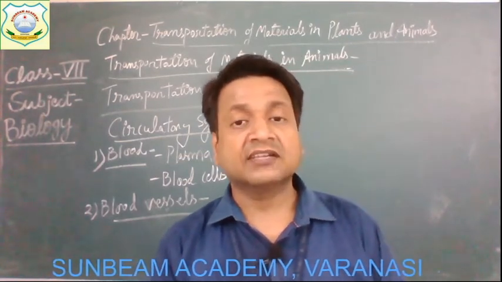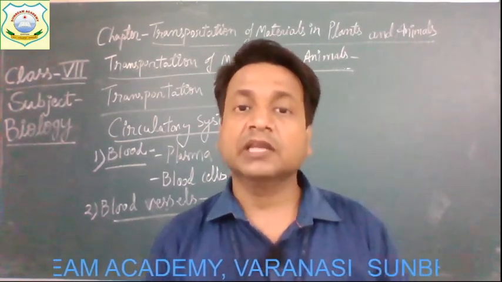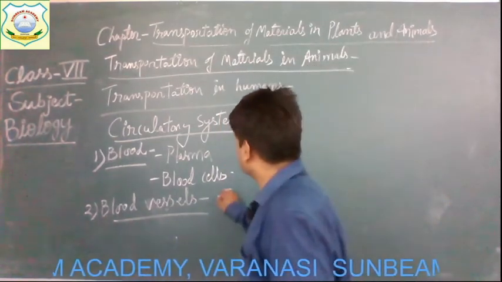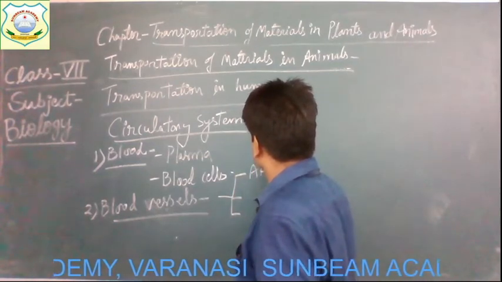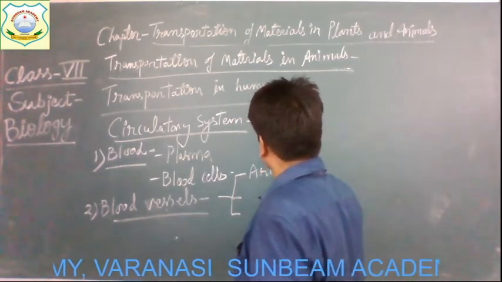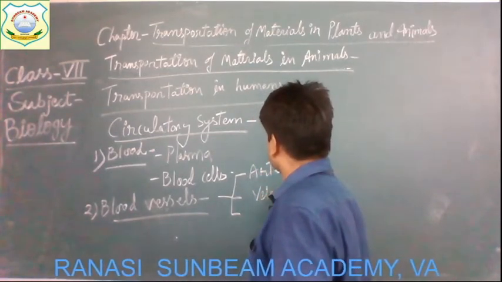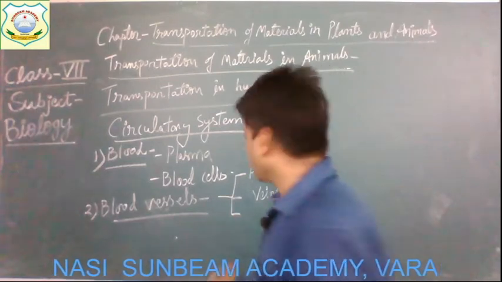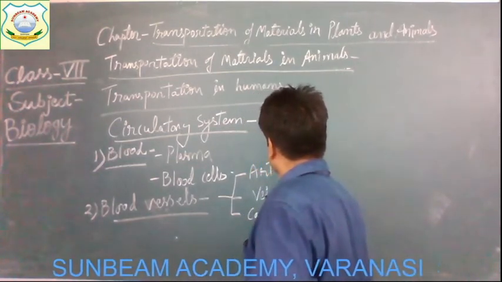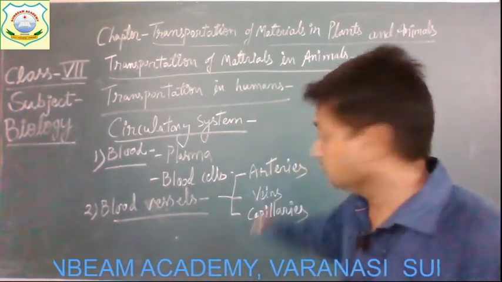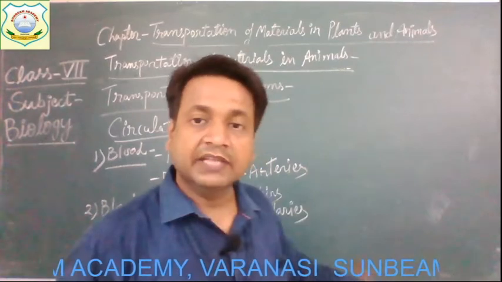There are three types of blood vessels found in our body: arteries, second one is veins, and the third one is capillaries. Okay children, so these are the three types of blood vessels: arteries, veins and capillaries.